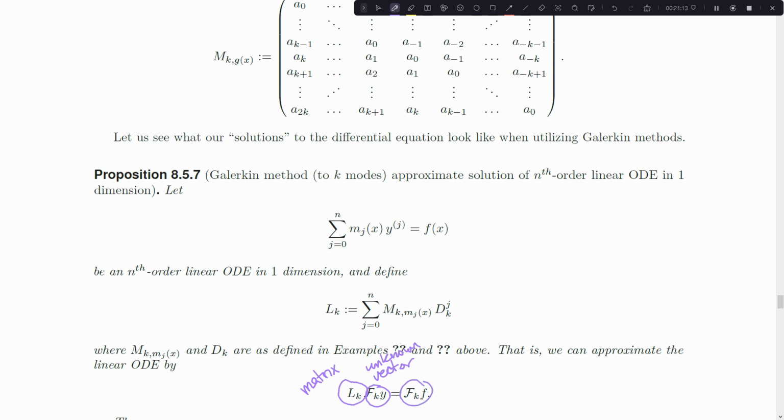F sub k of f is a known vector. Hence the solution should be y is F sub k inverse, but that's a pseudo-inverse, of L sub k inverse F sub k of f. And in fact, that's a particular solution. That's only an approximate particular solution. But that's what we want to think about: we're still going to apply our linear algebra knowledge to these ODEs.